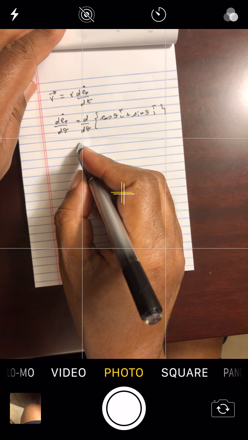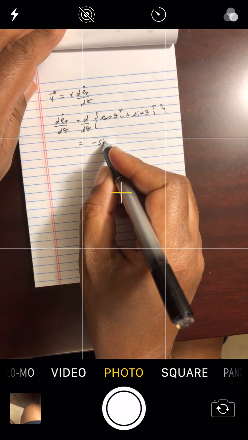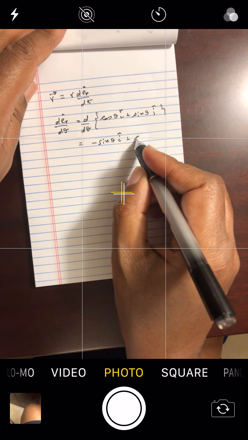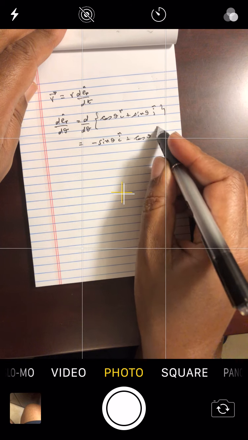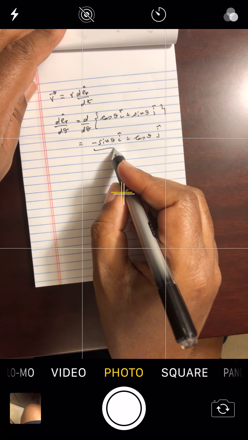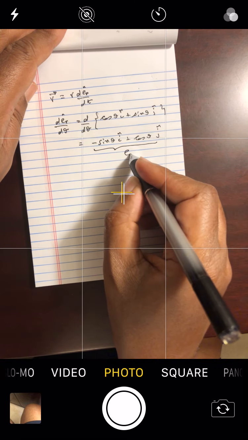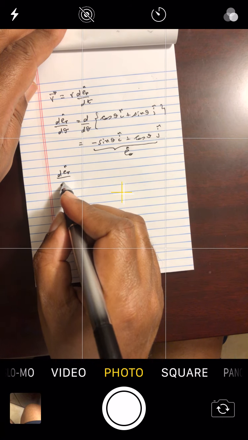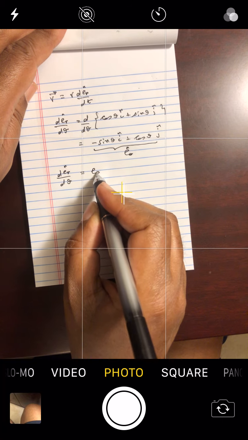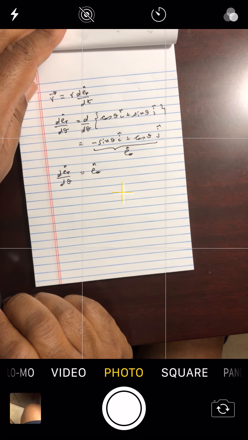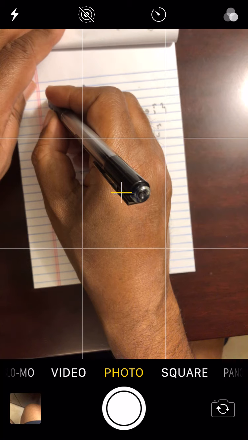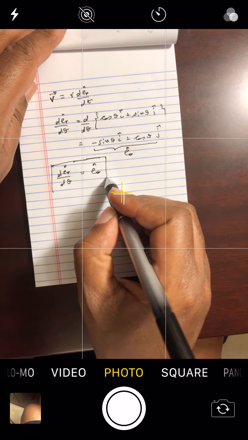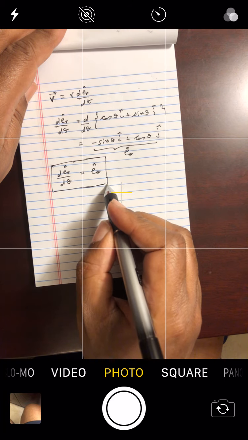So when you take the derivative, you get negative sine theta in the I direction plus cosine theta in the J direction. But remember, this is E theta. So we have the following formula, which I'll put in a box: the derivative of ER with respect to theta simply equals E theta.